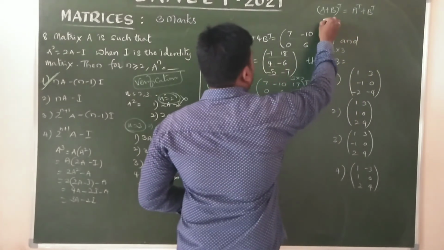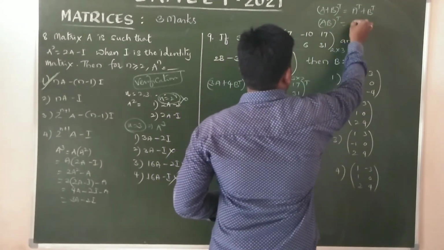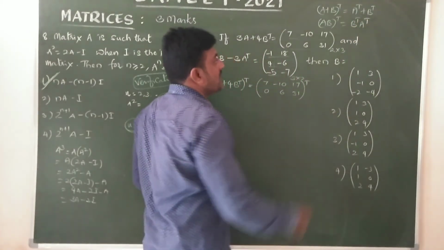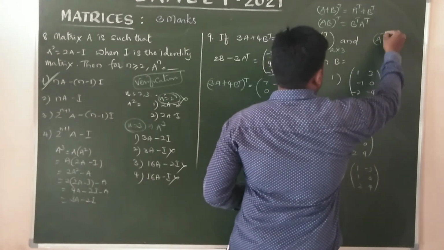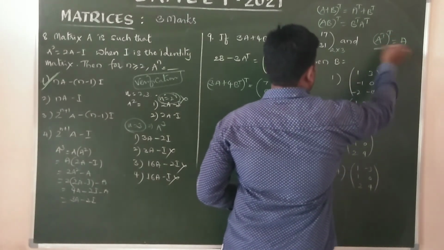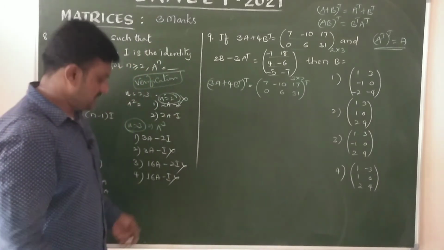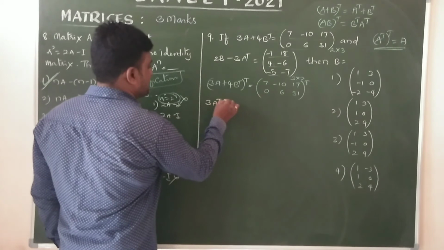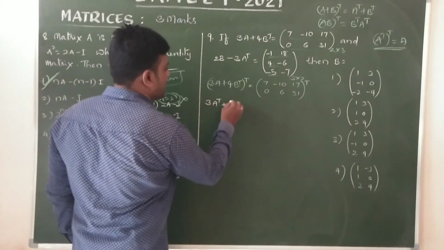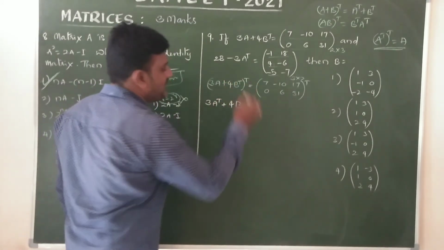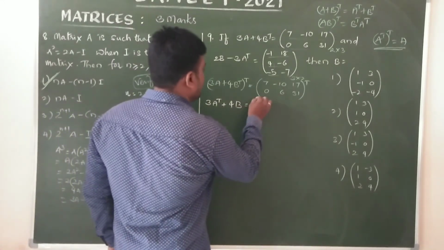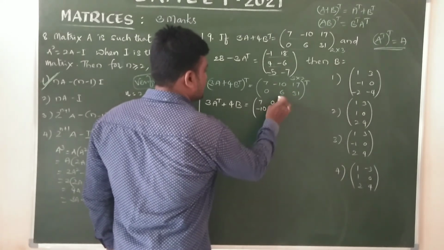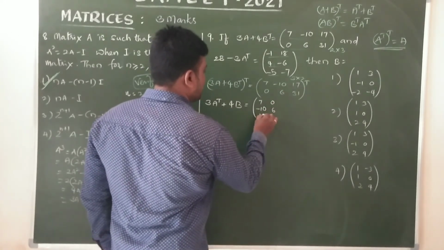Yes or no? AB whole transpose equals B transpose A transpose, remember, reverse. Then A transpose whole transpose equals A. Yes. Then we can apply here 3A whole transpose, 3A transpose plus 4B transpose whole transpose should be B. Yes or no? And that equals [7 0; -10 -10; 6 17; 30].